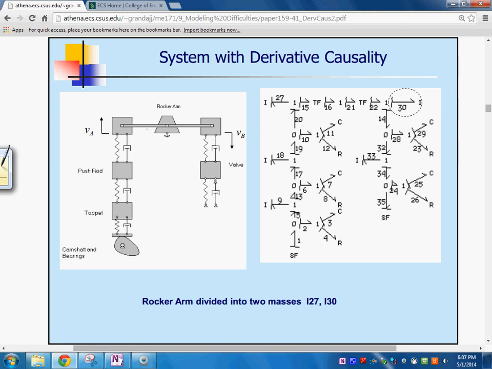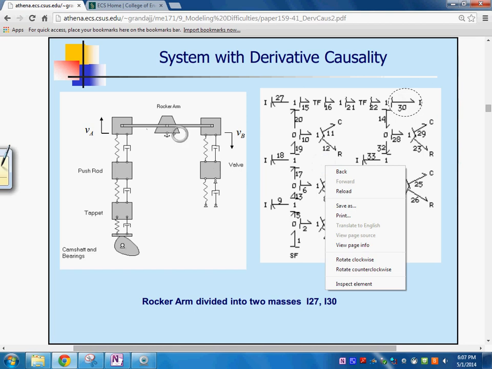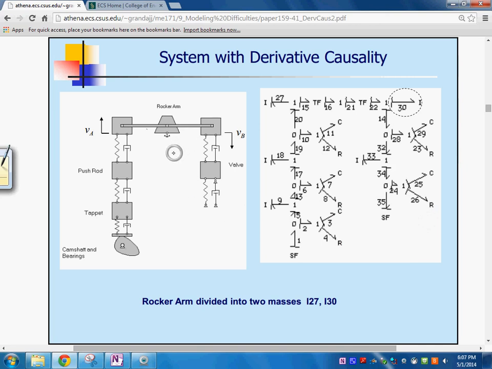Maybe we need to consider some elements we didn't consider. For example, we can consider some flexibility of this bar, which we didn't, nor even on the first page. Or we can consider that in fact these are not two masses, but only one mass in rotation. That works too, like we had it at the beginning. Or if we could move this over here and consider just one mass, the system would be equivalent. That will work too.